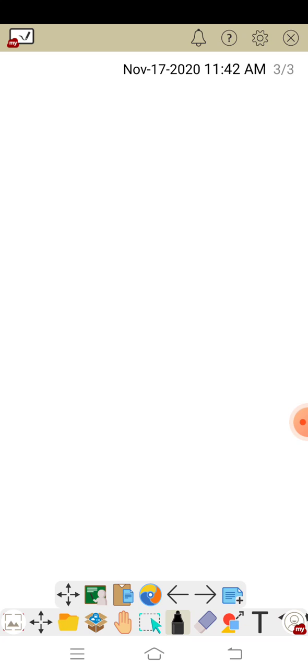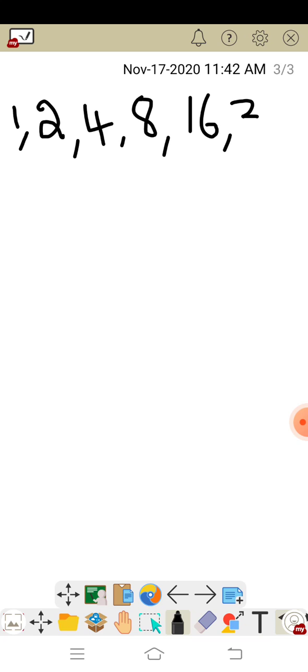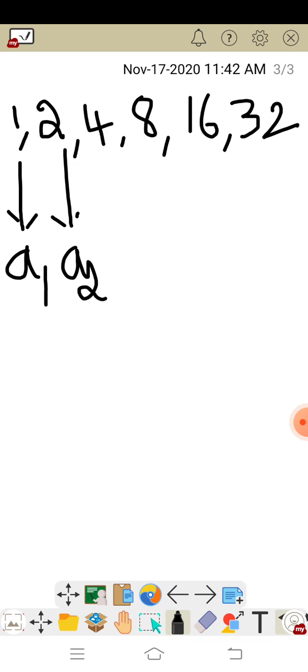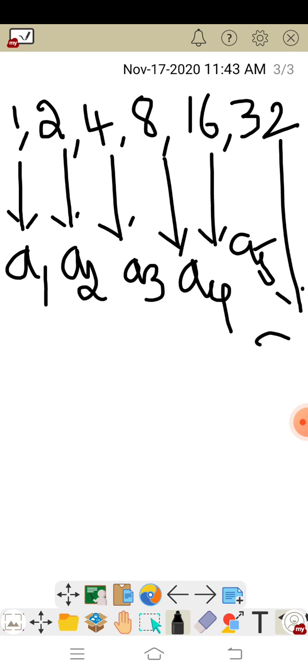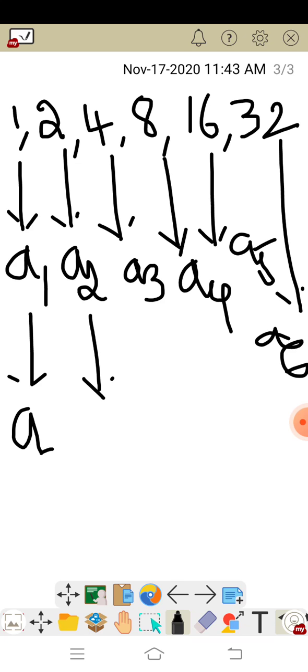In any geometric progression, for example, you are seeing the example 1, 2, 4, 8, 16, 32. Now see this one, this is the term A1, the first term, this is A2, this is A3, this is A4, this is A5, and this is A6. The first term is A, and the second term is AR.